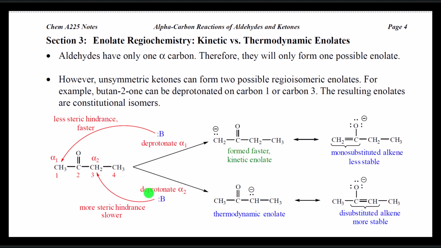If we deprotonate from alpha 2, using a base to remove this hydrogen on alpha 2, we would form this enolate. It turns out that we can control which enolate is formed preferentially by controlling the conditions of the deprotonation.